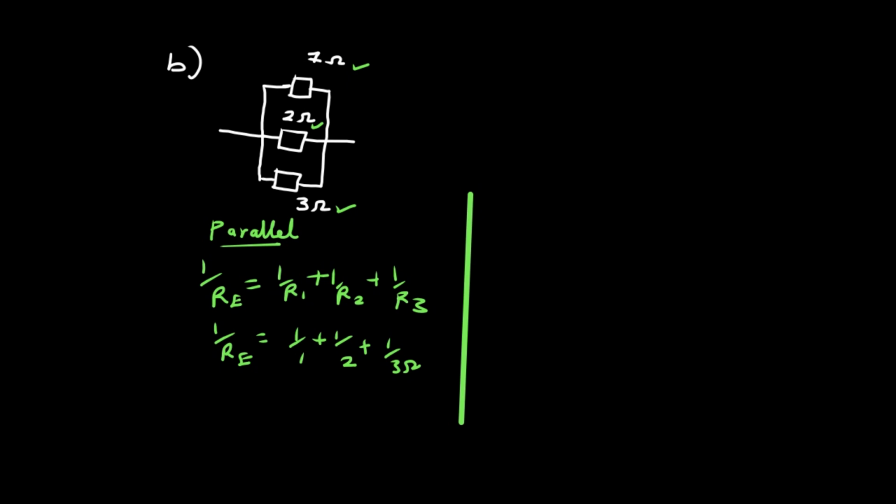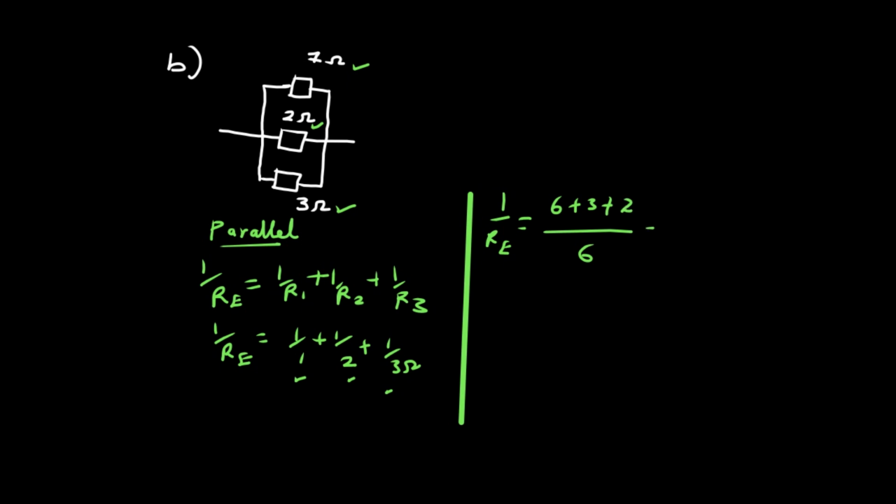Using LCM, the LCM of 1, 2, and 3 is 6. So 1 goes into 6 six times, 2 goes into 6 three times, and 3 goes into 6 twice.